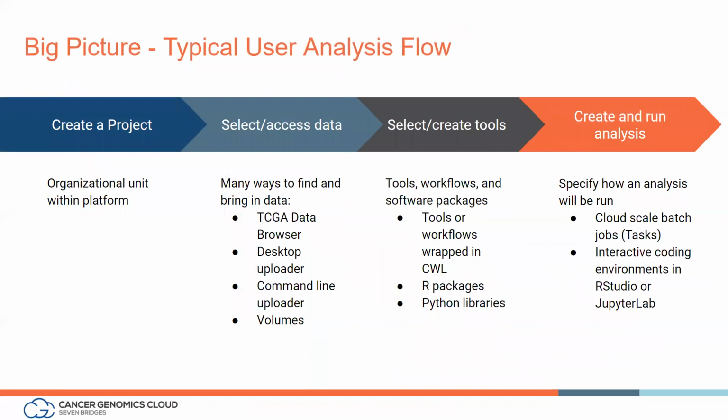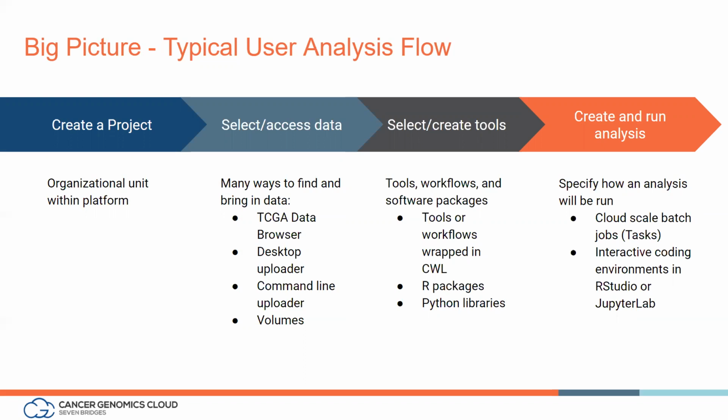So this is the typical user flow. It starts with logging on to the Cancer Genomics Cloud and creating a project. I've already made a project that we can all use. For each member that I had a username for, I went ahead and cloned a copy of the public project for this webinar. During the break, let me know if you don't see that project or if you're a new user, and I'll make you one.